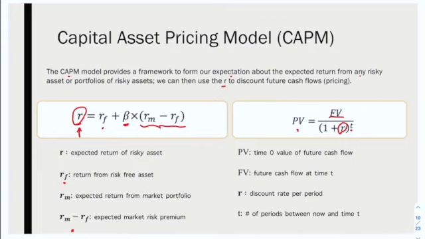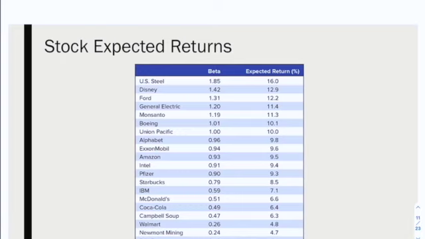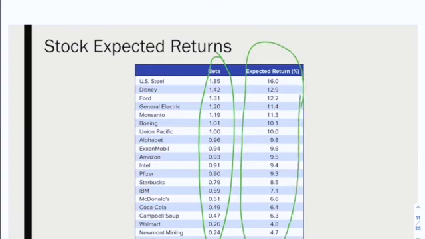And no matter what kind of future cash flows is involved in a financial asset, we can always discount them one by one back to the present after we have forecasted the future cash flow. Now with CAPM, as long as we know the beta of some risky assets, we can calculate the expected return from the risky asset, right?